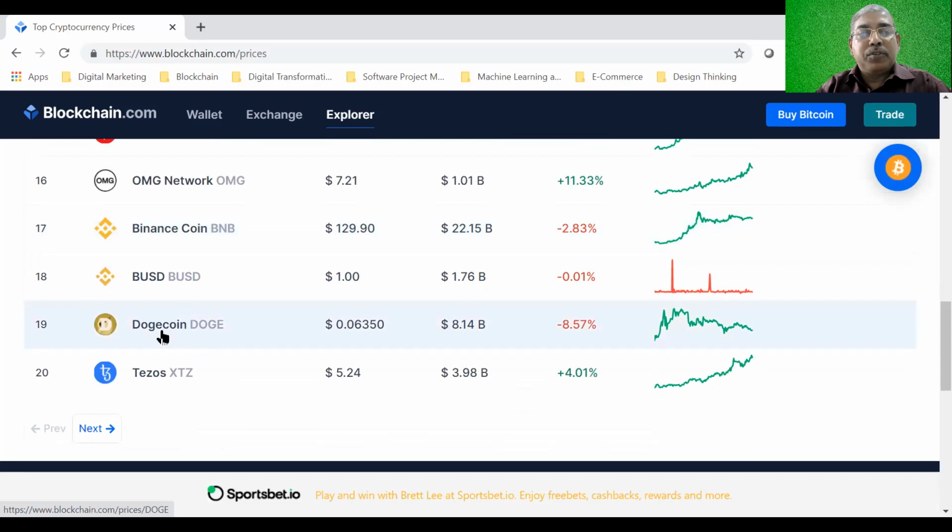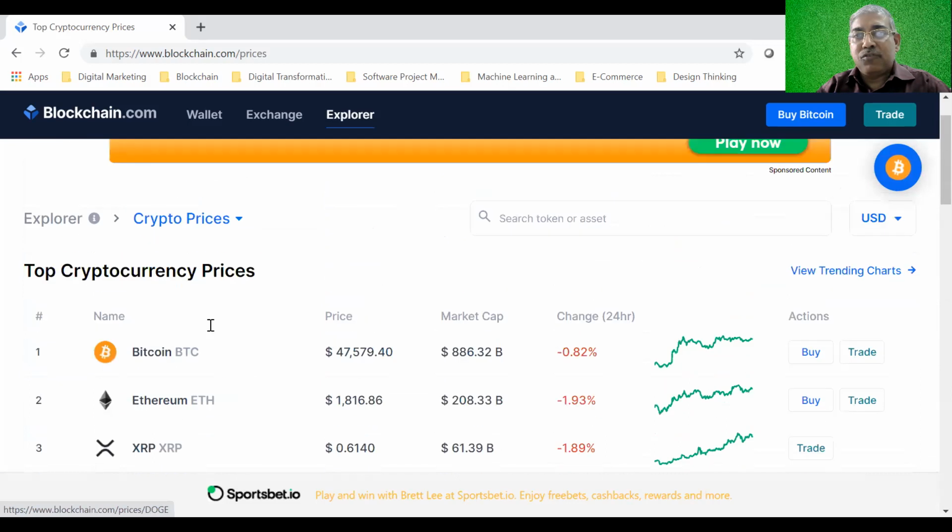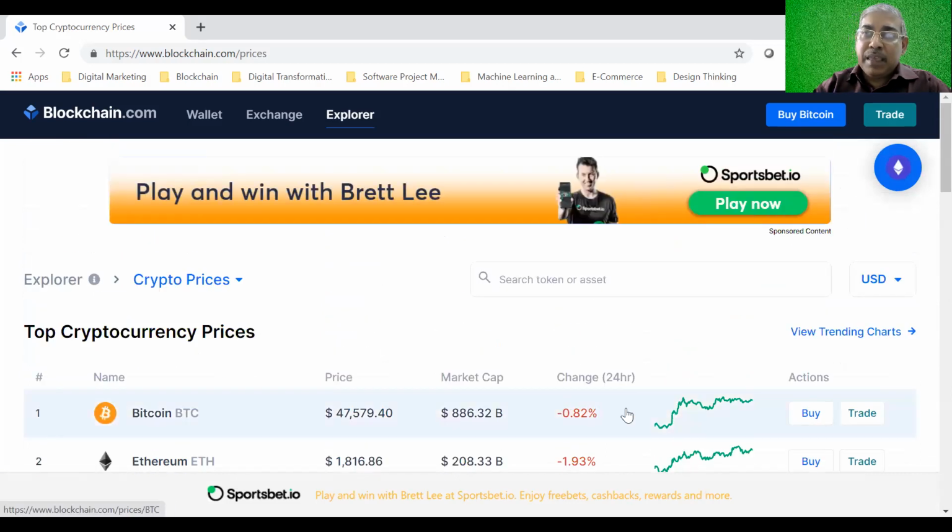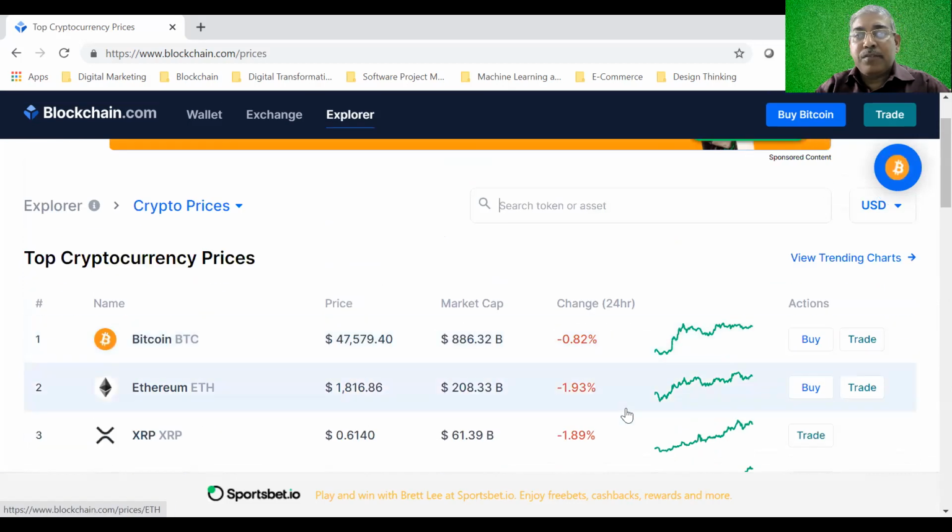Probably you would have heard about Dogecoin because of some recent tweets by Elon Musk about this particular cryptocurrency. And there are so many such cryptocurrencies that you are seeing the value of, and how they're changing. You can buy here, you can trade here. So all these options are here, provided you are residing in a country where cryptocurrency trading is allowed. Let us go back.